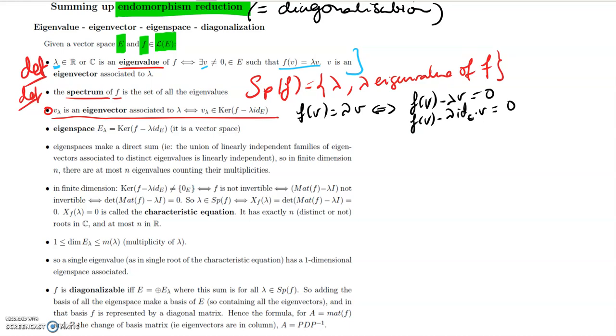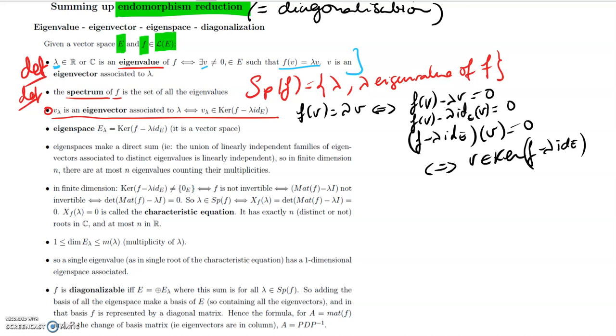All these being linear maps, it's the map F minus lambda times identity map applied to V. So it's F minus lambda identity applied to V is equal to 0, which translates into the fact that V belongs to the kernel of F minus lambda identity.